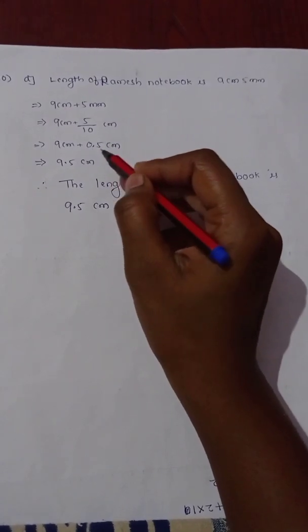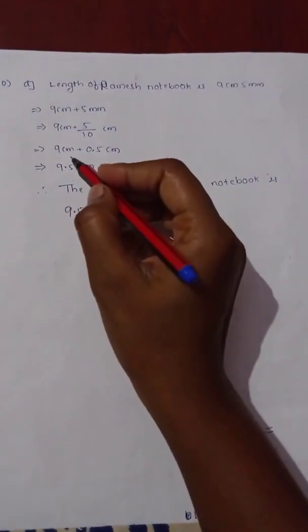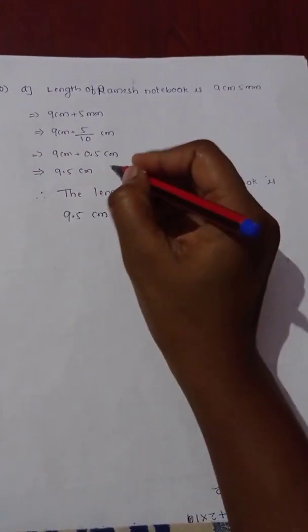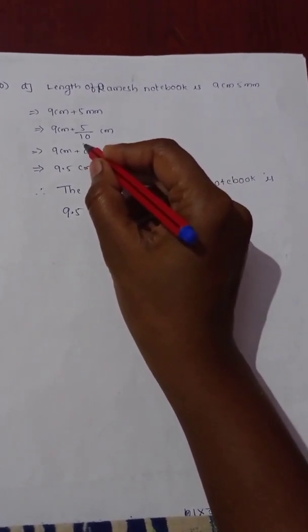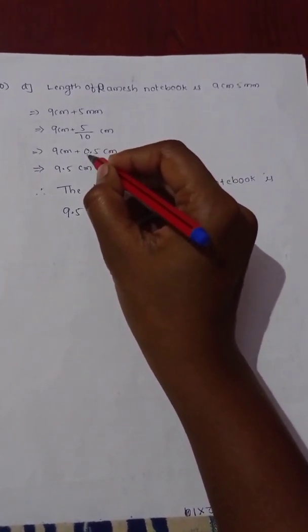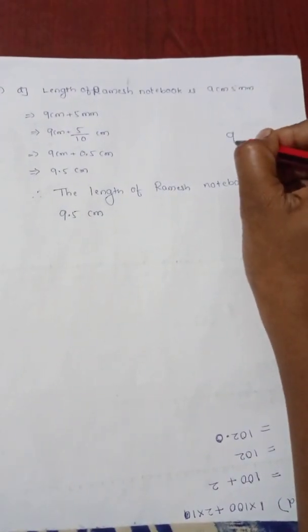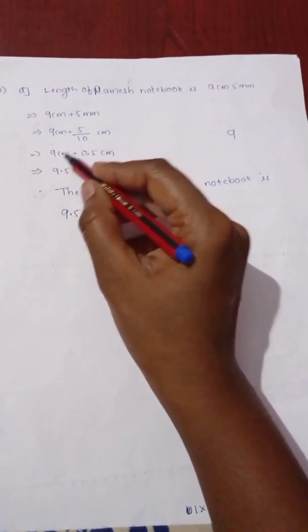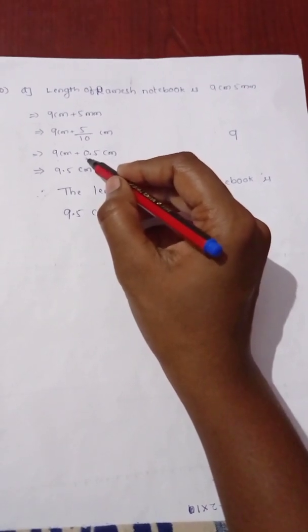Now this is in centimeter. Now I add. See, what is the place value of this number? Ones, right? What about this? See, before the decimal point, what? Ones. In the place of ones, what do we have? 0. So I'll write here 9. What is the place value of 9? Ones. Here, what is the place value of 0?